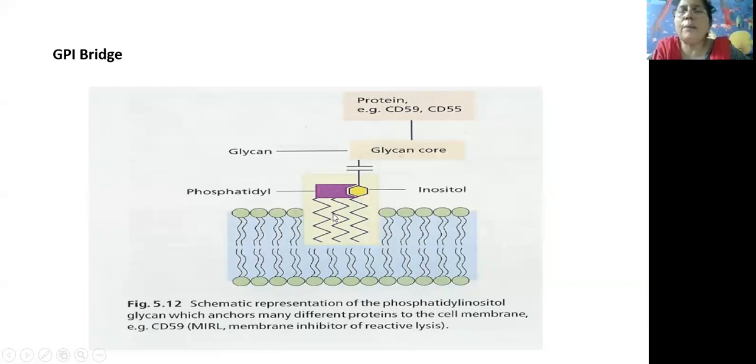You remember there are transmembrane proteins and ankyrin proteins I told you. So one of these anchored proteins is phosphatidylinositol glycan. This is anchored by the proteins CD59 and CD55. I'll be telling more about it.